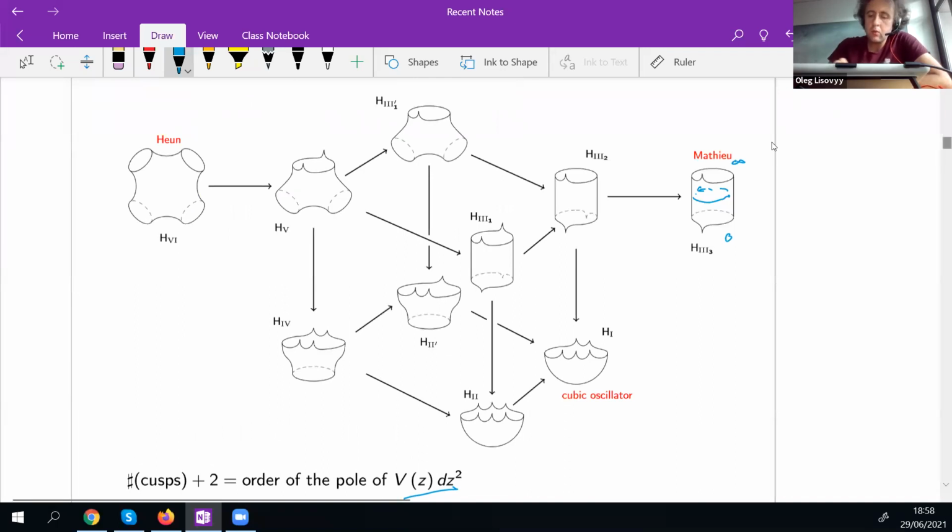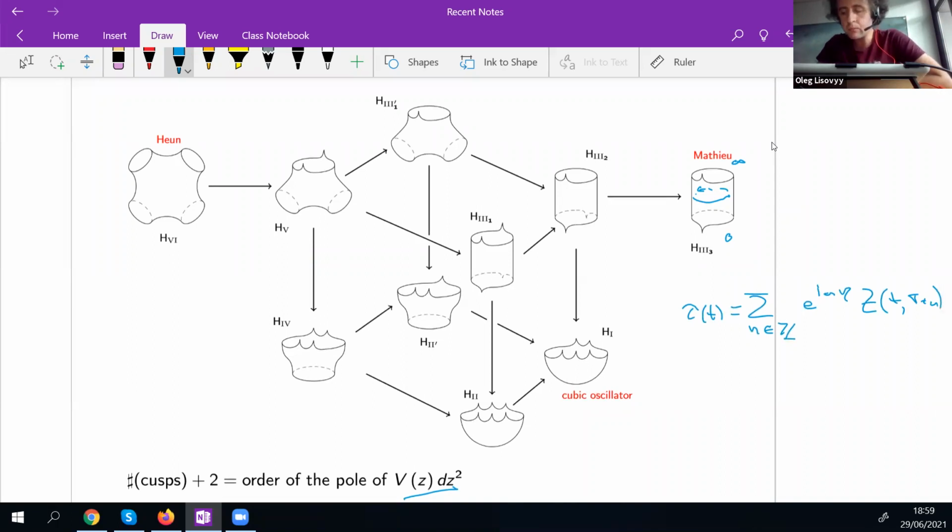So in the lower part of the degeneration diagram, we know from numerical experiments that the tau function still has a Fourier transform structure. So this formula, T sigma plus n, still holds true even for Painlevé 1, 2, and 4.